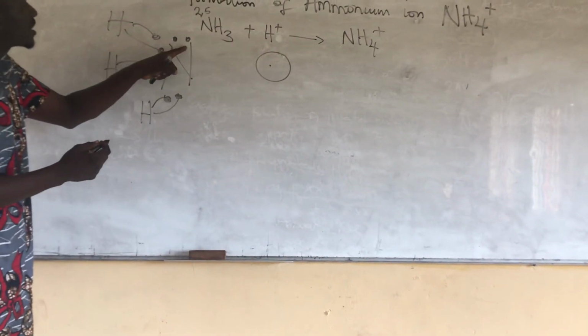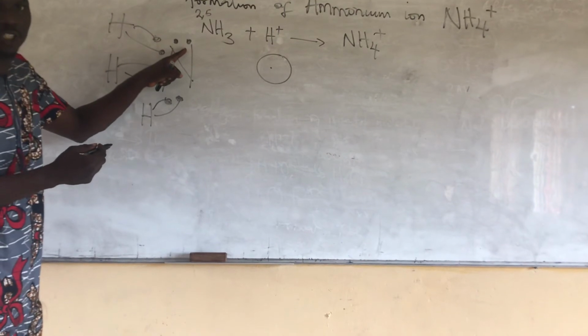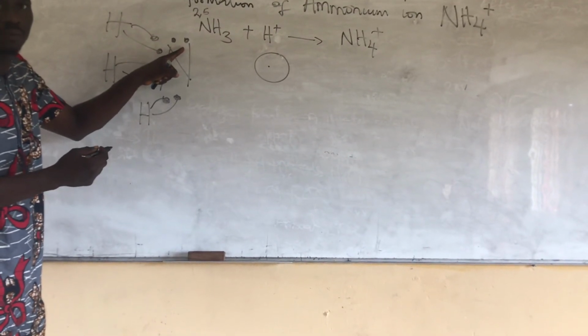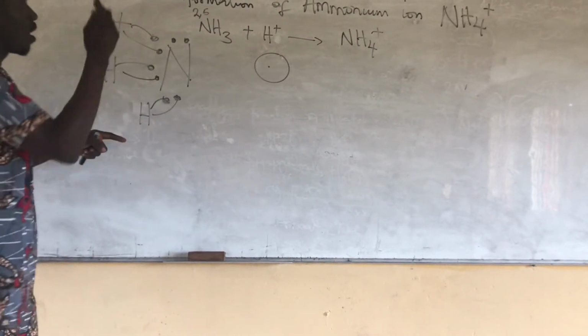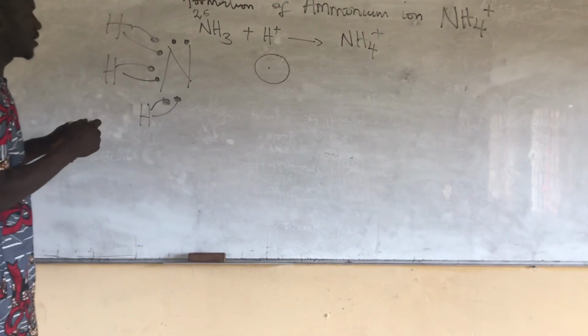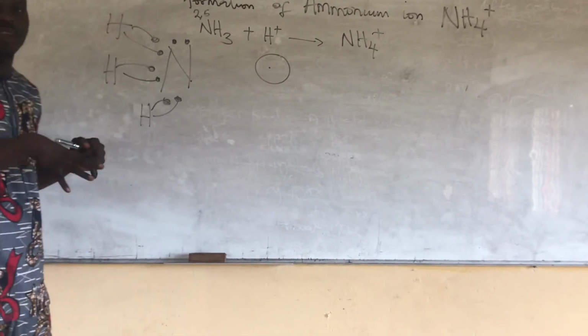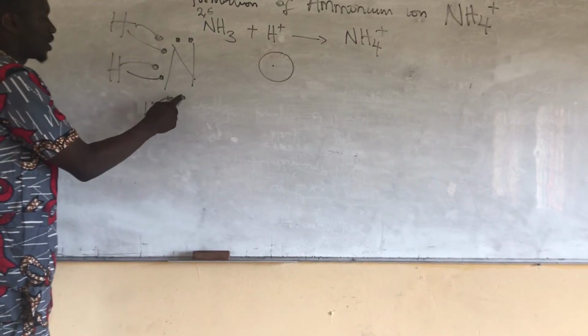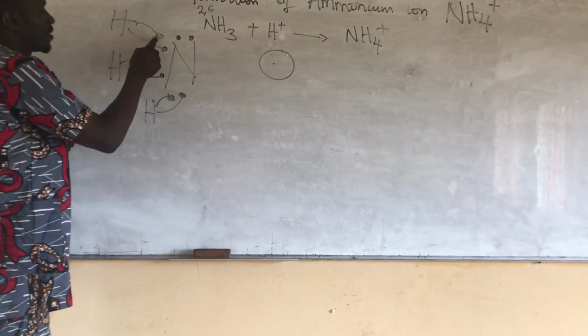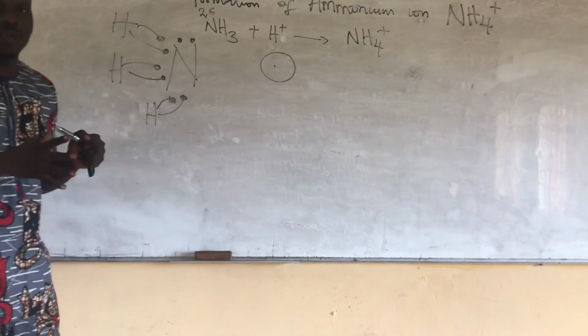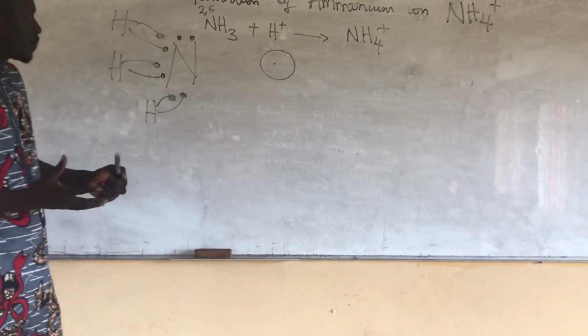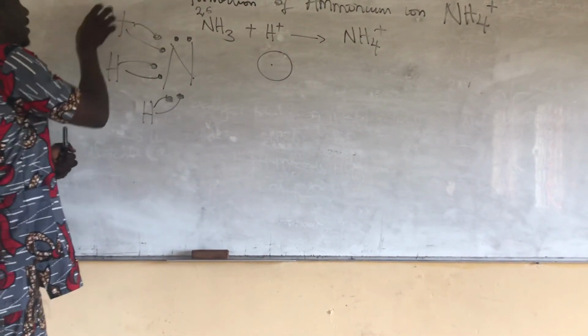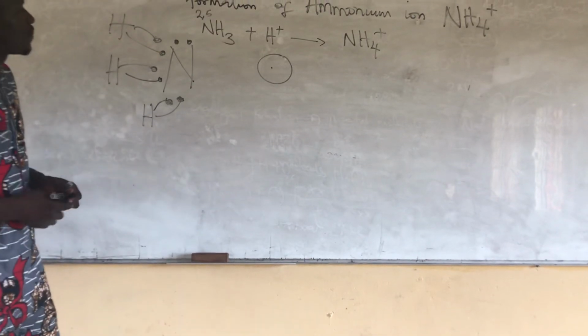Then nitrogen is having 2 spare electrons at the outermost shell. So ordinarily, as it is, ammonia has formed a stable compound by having 8 electrons already for nitrogen: 1, 2, 3, 4, 5, 6, 7, and 8, which makes the ammonia compound stable. Then all the hydrogens attached to it form a stable duplet.